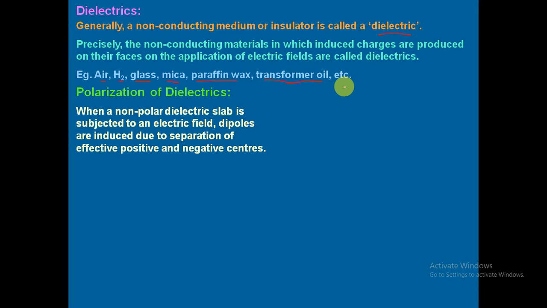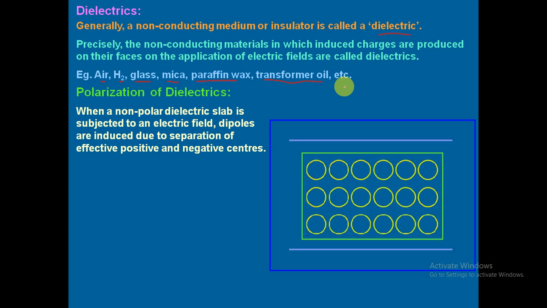As we have seen in the last slide, whether they are polar or non-polar, whenever they are placed in the electric field, they will get some dipole moment. So here also, what is polarization? Here, when a non-polar dielectric slab is placed in the electric field, dipoles are induced due to the separation of the effective positive and negative centers.